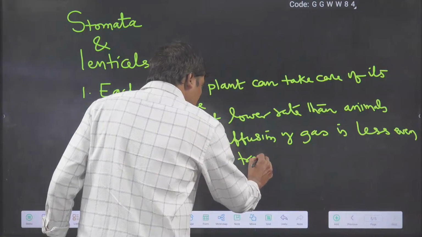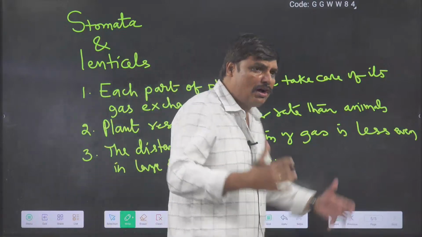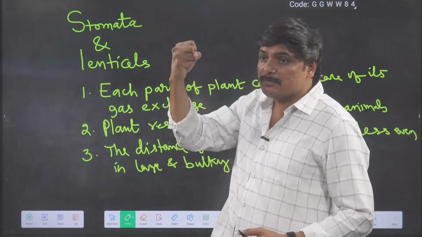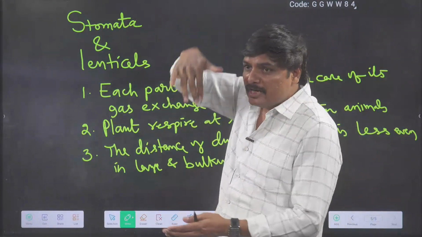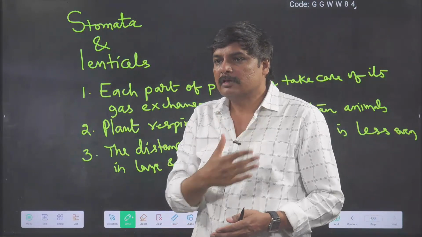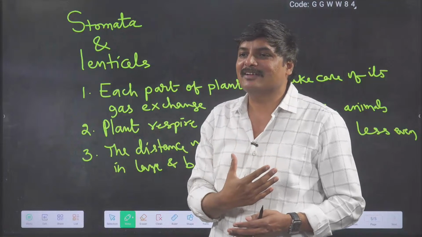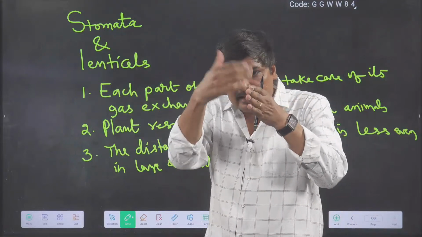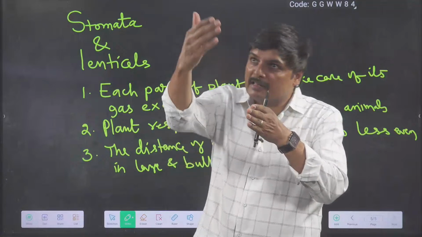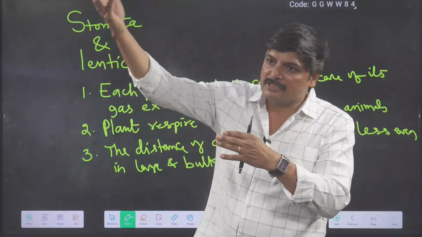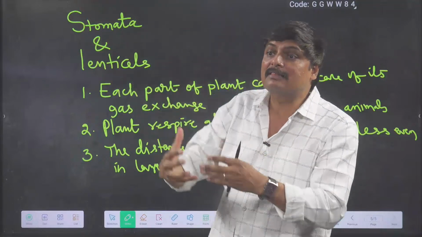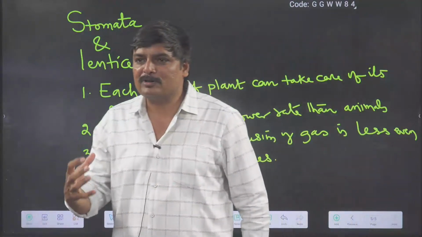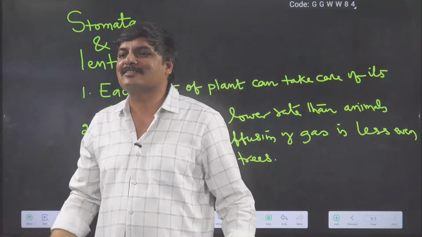No need to transport gases for longer distances. In one place the gas is absorbed, and there is no need to transport it in the entire plant body. A gas that enters into a leaf is used in that leaf only. In another leaf, the gas is used from another place. I mean to say, no need to transport gases for longer distances.